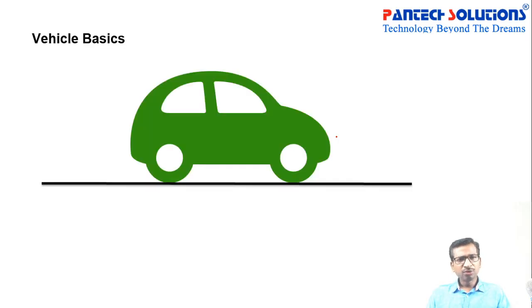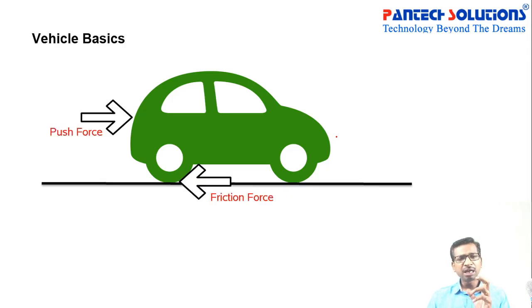And here, if you want to understand the vehicle motor power calculations, first you should know the dynamics of the vehicle. Suppose the vehicle is at a standstill position, there will be two forces. One is called the friction force. Suppose you want to move a vehicle from this standstill position, in that condition you will apply a push force, right?